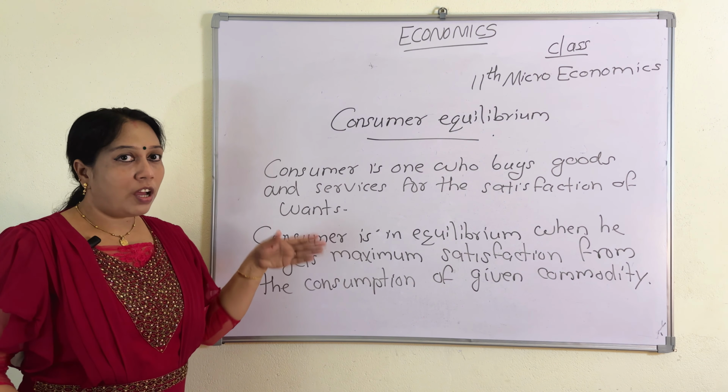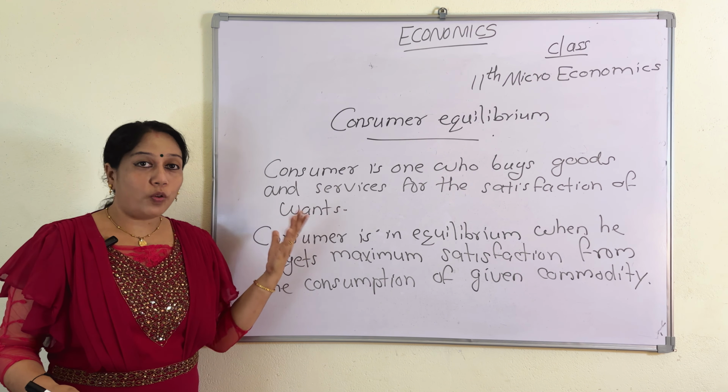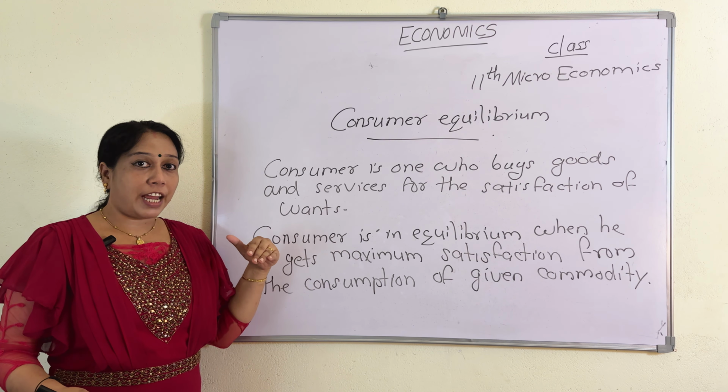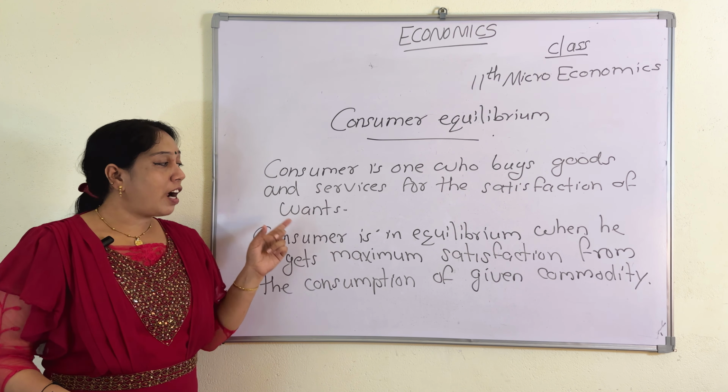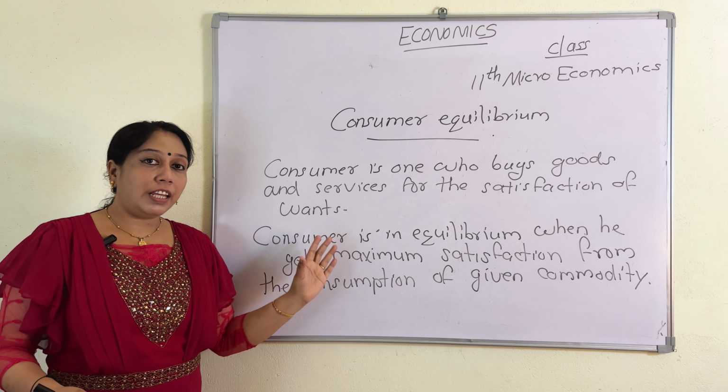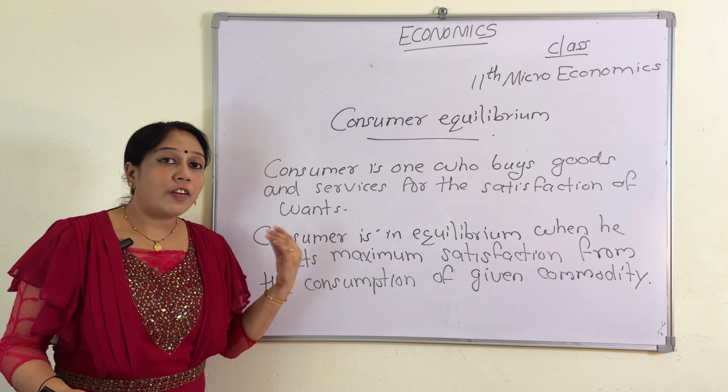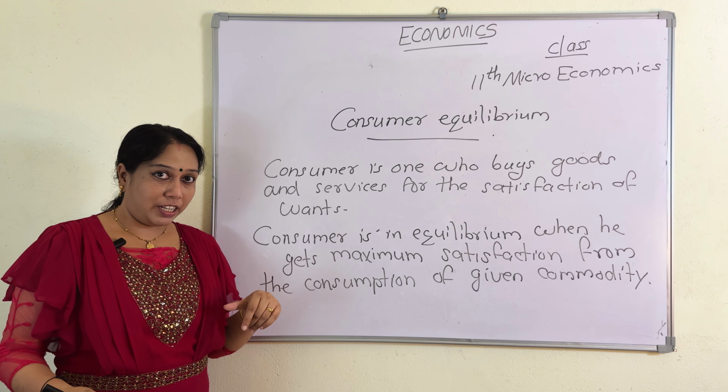Okay, everyone understood? Consumer is one who buys goods and services for the satisfaction of wants, and consumer is in equilibrium when he gets maximum satisfaction from the consumption of a given commodity.